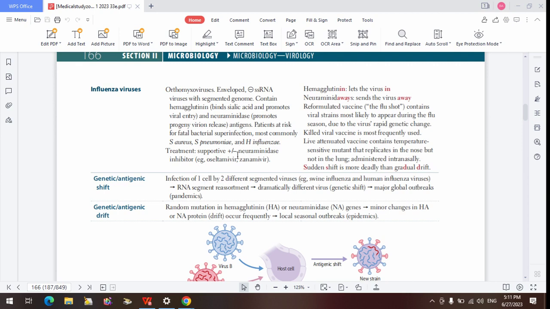Treatment is supportive. You just want to give fluid, you want to give analgesics, because the person can have a sore throat. You want to give drugs that can help with the sore throat, and some people use throat spray or something. Yeah. So then you want to add a neuraminidase inhibitor to prevent reinfection, and also to reduce the incidence of the ongoing infection.